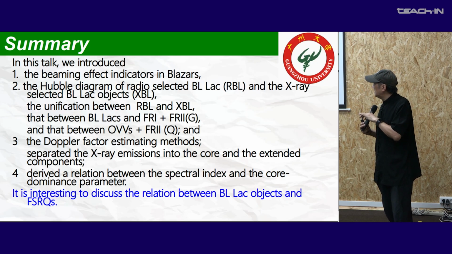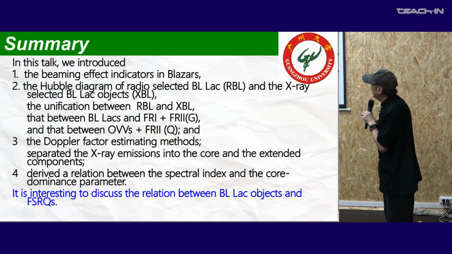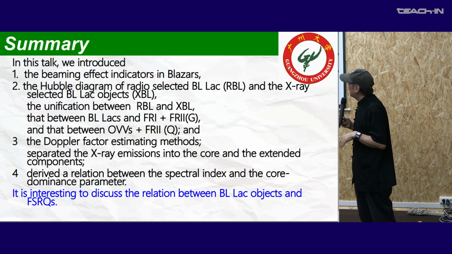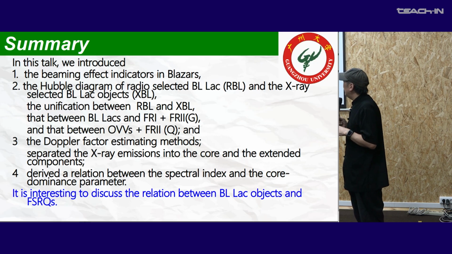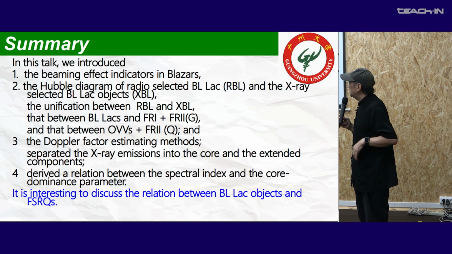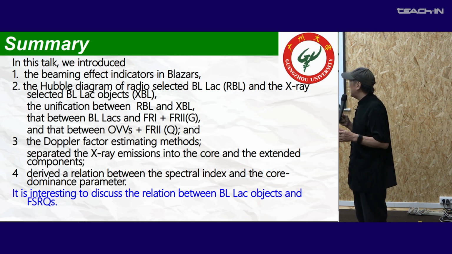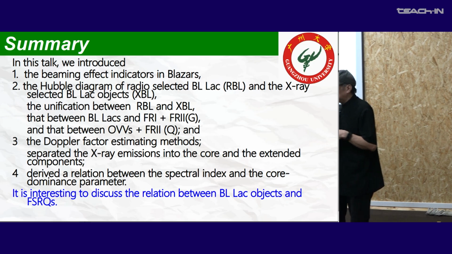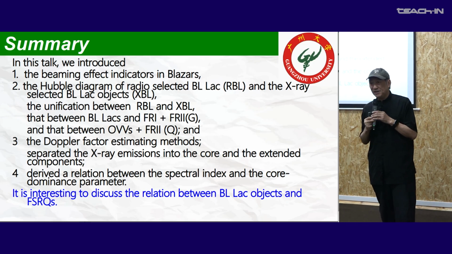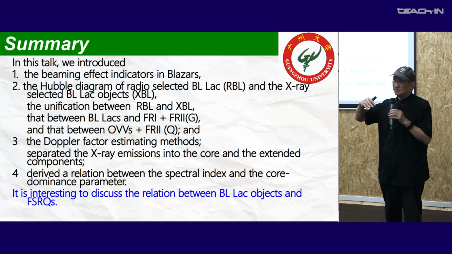So in this talk, we gave some introduction to the beaming effect in blazars, and we showed the Hubble diagram of radio-selected blazar objects and X-ray-selected blazar objects. But we know that in the observations, the RBL and XBL do not follow the same Hubble diagram.